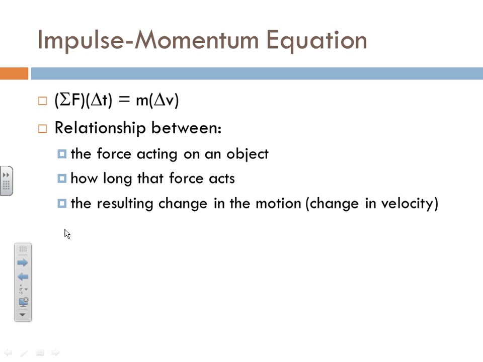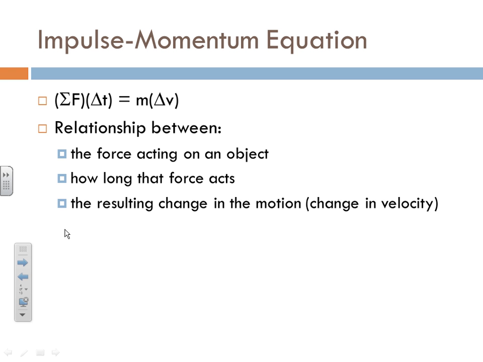But if the engines on the rocket only fired for 5 seconds, does that rocket end up in space? No. It would experience a very large acceleration, because it has a huge force on it. But if you don't apply the force long enough, you don't actually get what you want out of it.